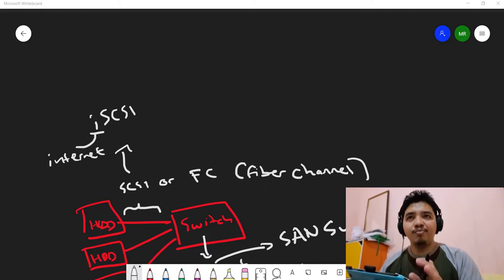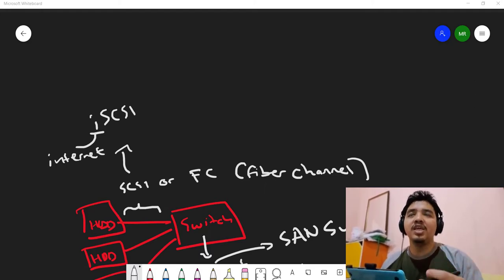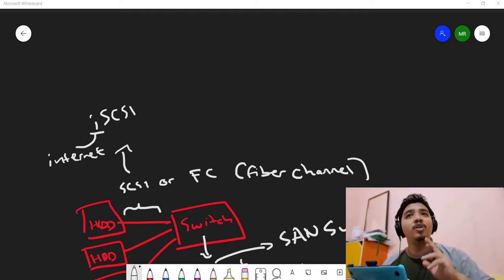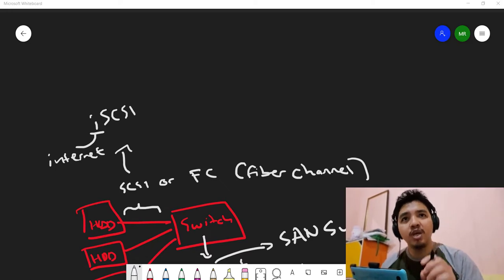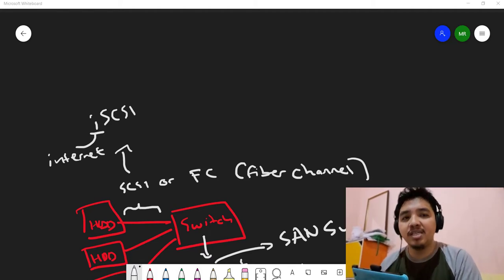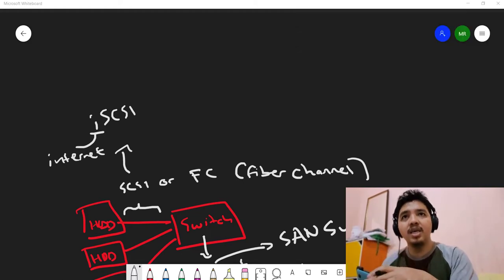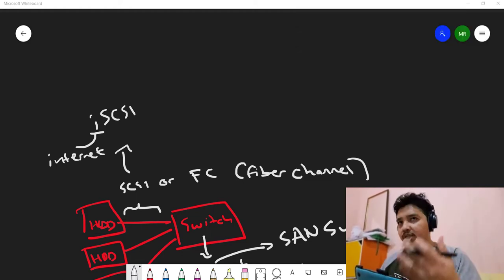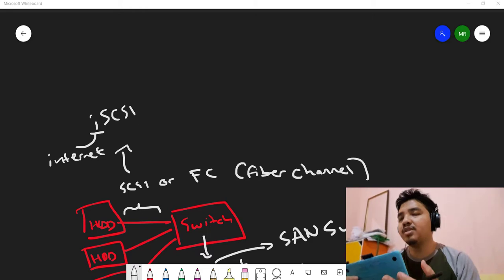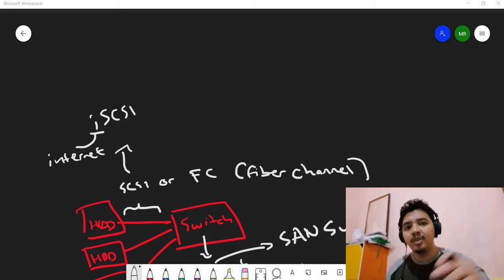The main purpose of NAS is to have storage that is easy to access. That's it. But if you want speed, we have to use block-based storage via the internet, so we have iSCSI. Or if you don't want iSCSI, there is a technology we can use that is faster than iSCSI. We call it Fibre Channel.